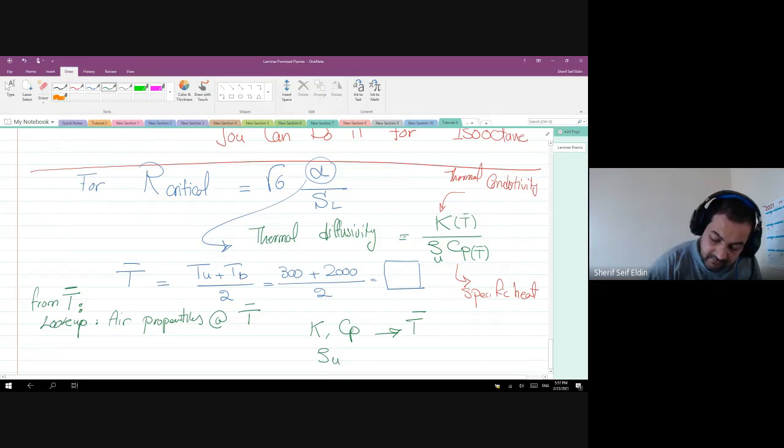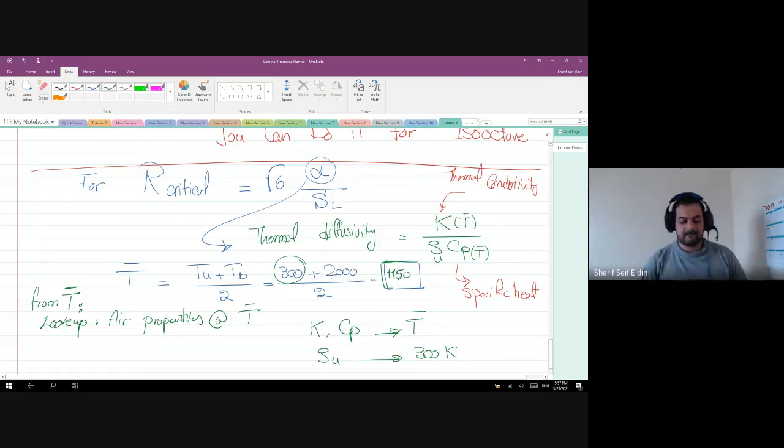But get the unburned gas density at what temperature? At 300 Kelvin. So this is going to be 2300 over 2, which is around 1150.